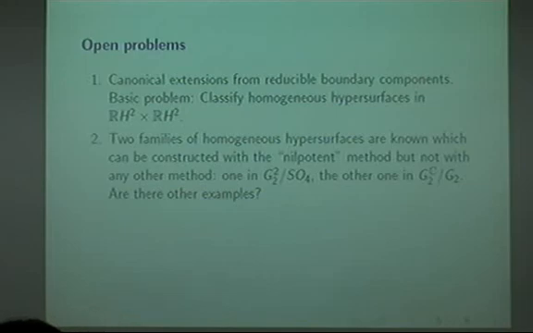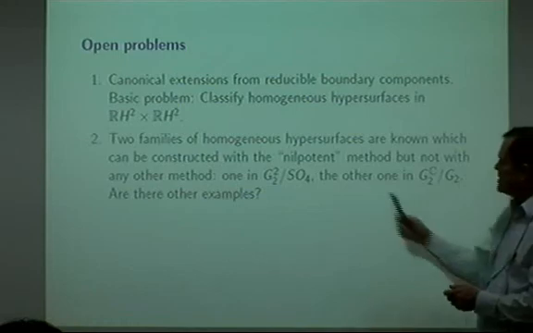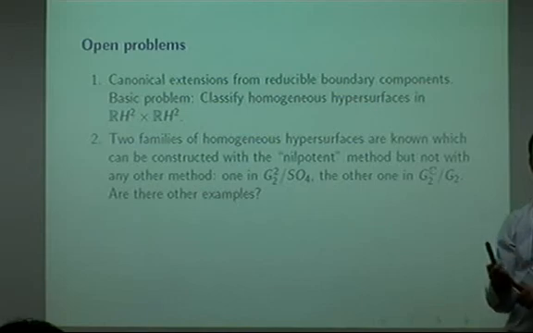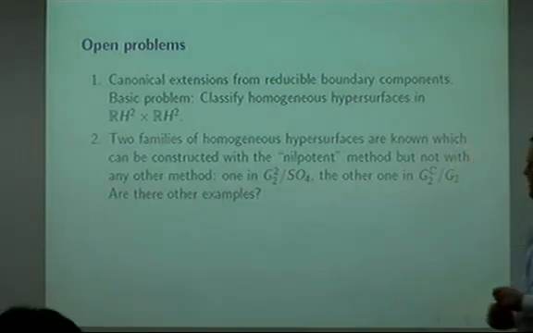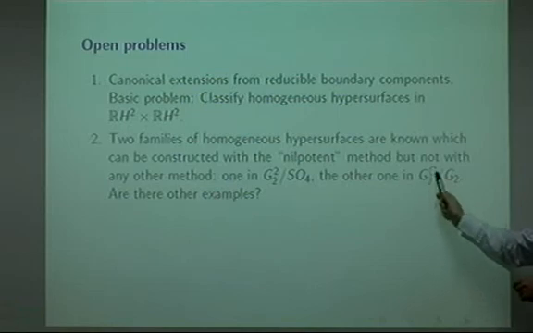And amazingly, these two examples arise only in two symmetric spaces related to the exceptional Lie group G2. This 8-dimensional symmetric space, G2 over SO4, and this 14-dimensional symmetric space, the complex Lie group G2 over the compact subgroup G2.